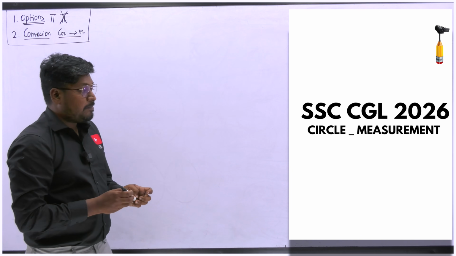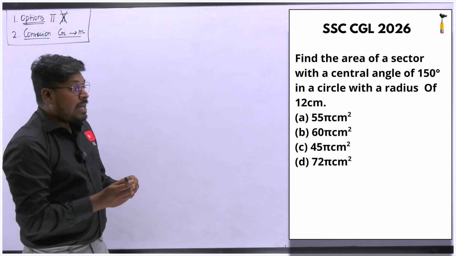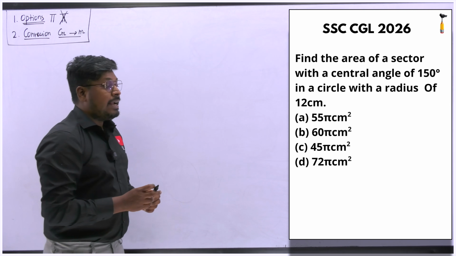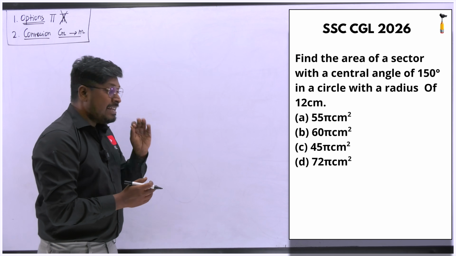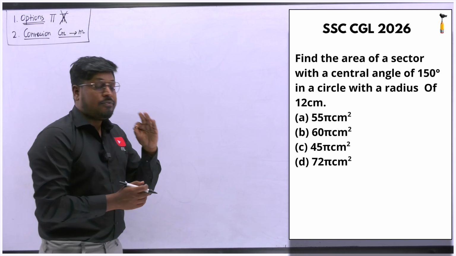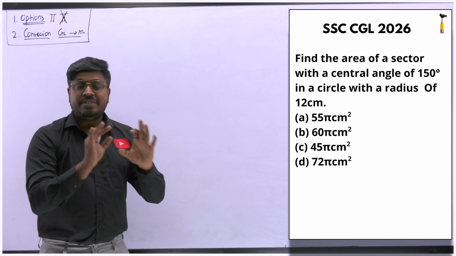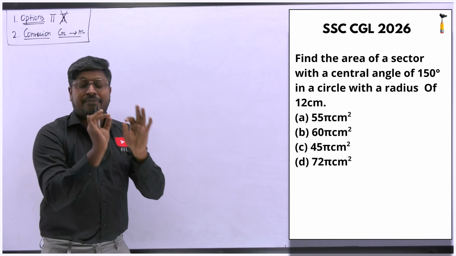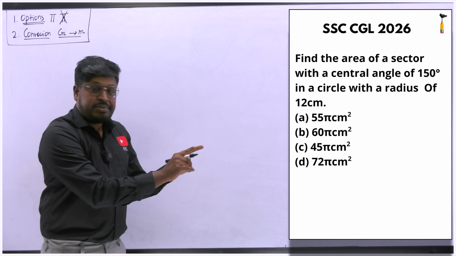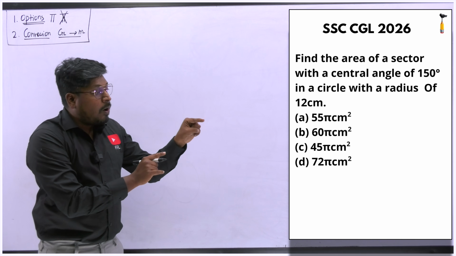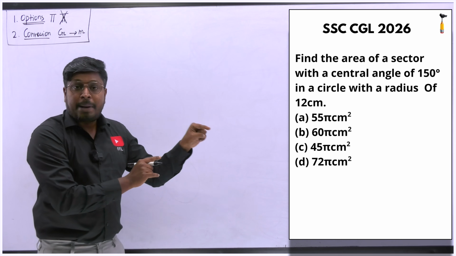So first question, let's solve it. Find the area of the sector with the central angle 150 degree in a circle with the radius of 12 centimeter. So our target is to find the area of the sector. First, always after reading a question, look at the options. In all the options they have pi, pi, pi.